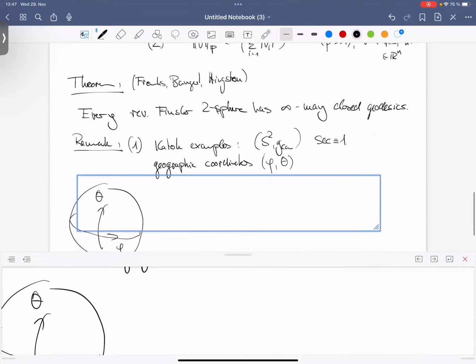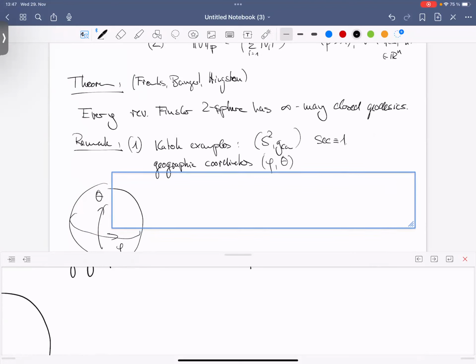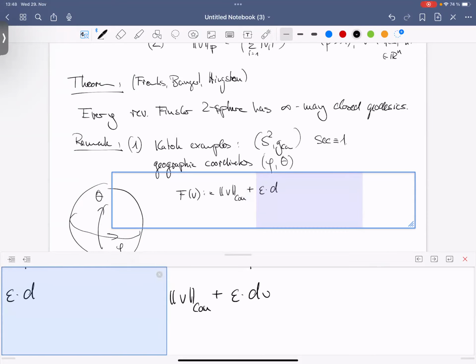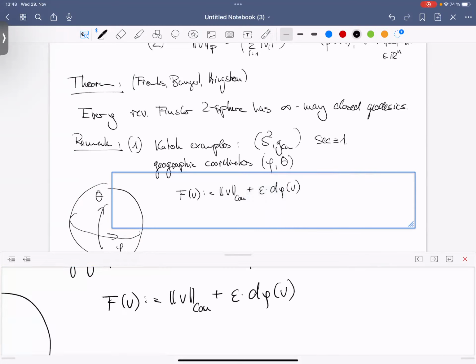And then you look at the following Finsler metric. You just take the norm of your Riemannian metric of constant curvature 1 and add to it the differential of phi times some parameter epsilon.